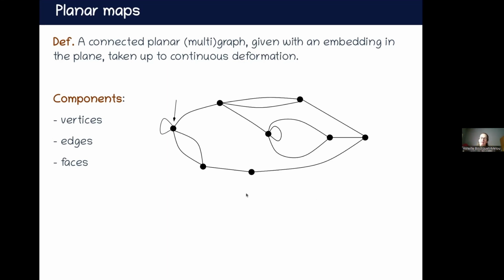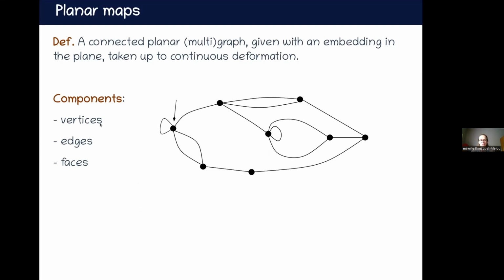By proper, I mean that the edges cannot cross. And two maps are considered the same if you can deform continuously one into another. But for instance, if I take this little loop here and draw it here instead, I have the same graph, but a different map. Because if I want to go from one to the other, I have to create edge crossings. So this is not the same map.